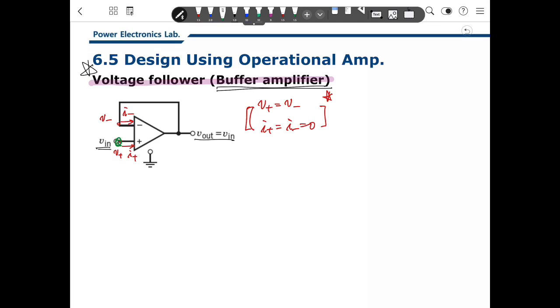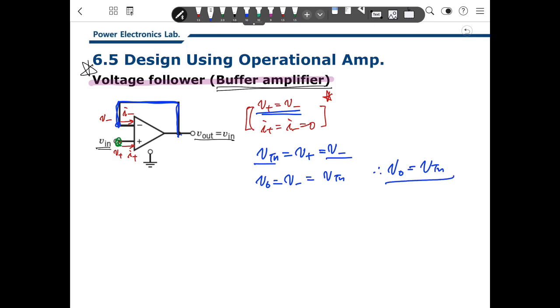Based on this node equation, Vin is the same as V plus. And V minus is connected over here, the same node, so we know Vout is V minus, which is Vin. Therefore Vout is Vin.